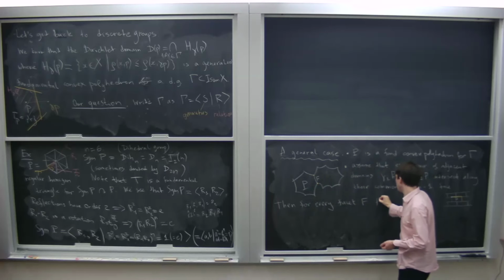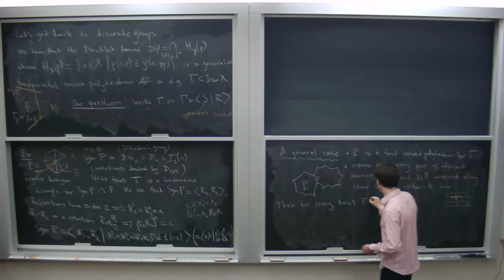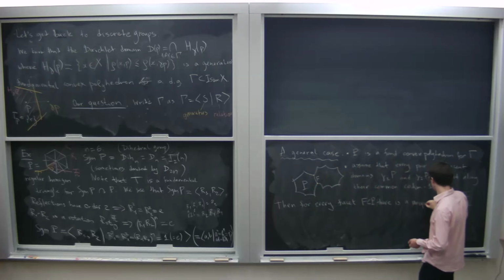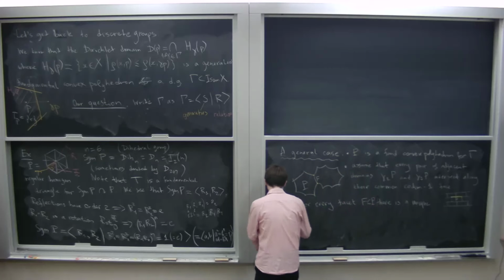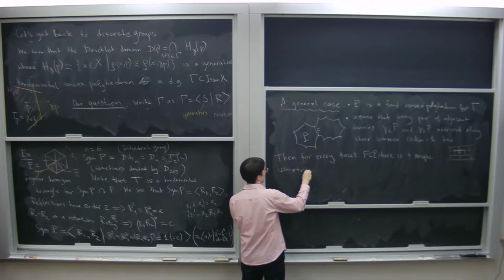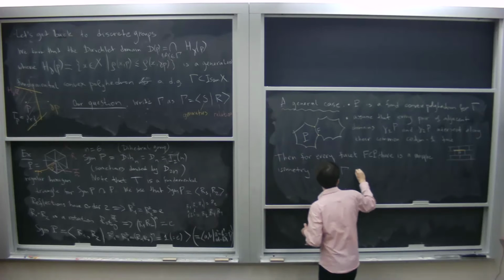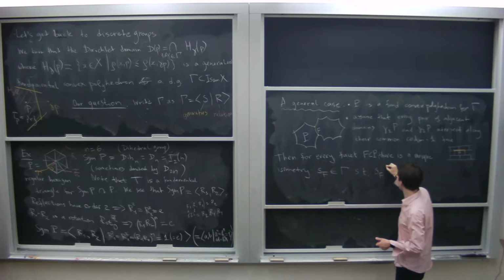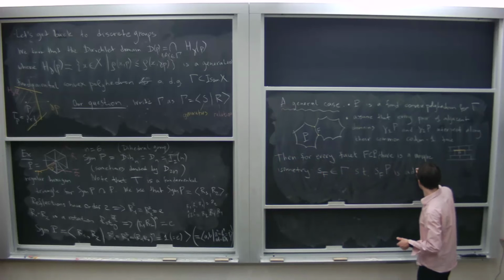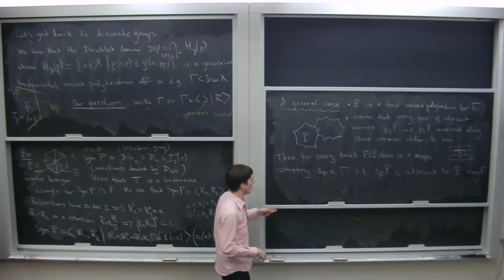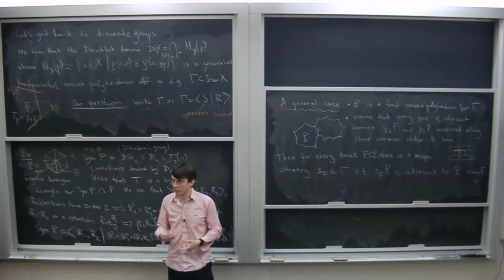There is a unique, okay, for every facet F of P, there is a unique isometry, which I will denote by S sub F, sitting in my gamma, such that S_F of P is adjacent to P along F. So their intersection is precisely F. It is also obviously a part of the tiling.